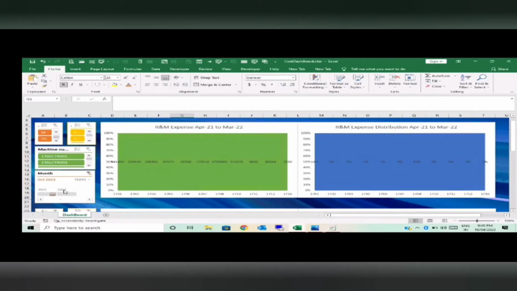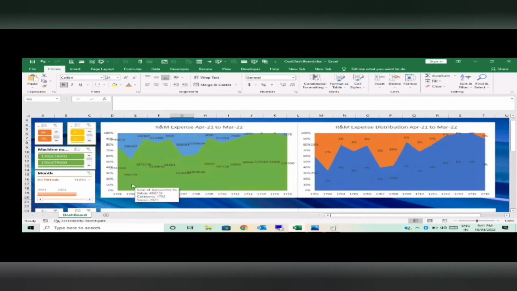If we clear up the filters, you can see the distribution from 1701 to 1716. This is in year 2021, this is 2022. In rupees, this is 2021, 2022, this one in percentage.